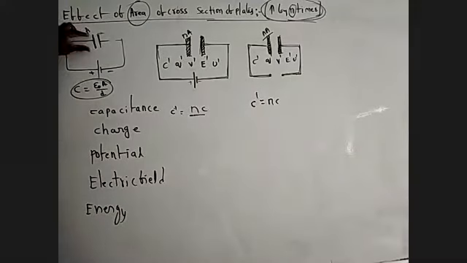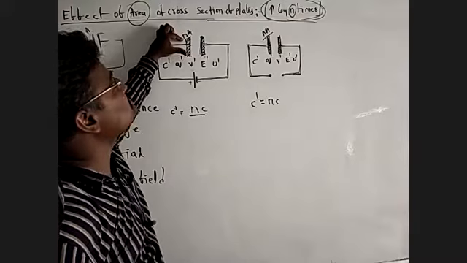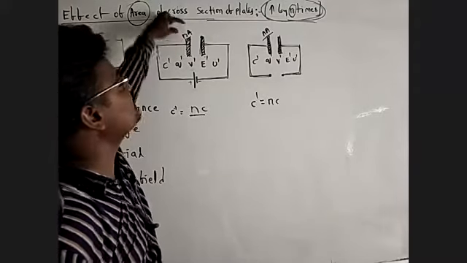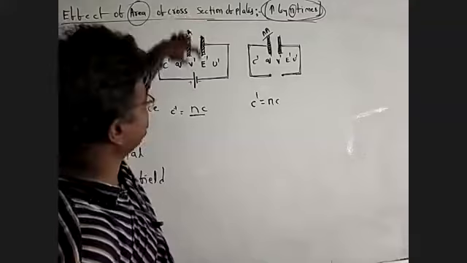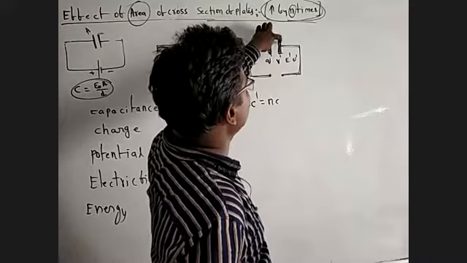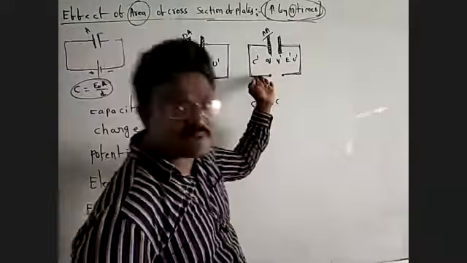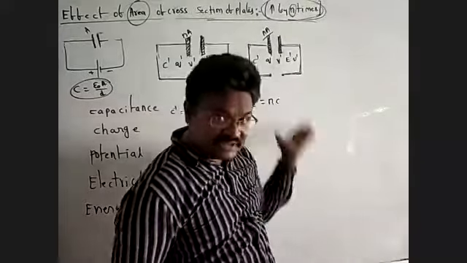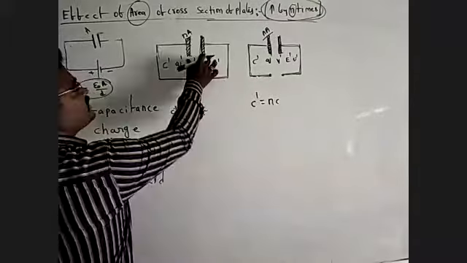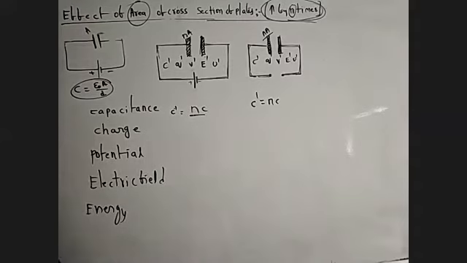And when the plates are not connected to the battery, does the capacitance increase or decrease? The capacitance value may increase or decrease. In both cases, the capacitance value is increased. That is the point.